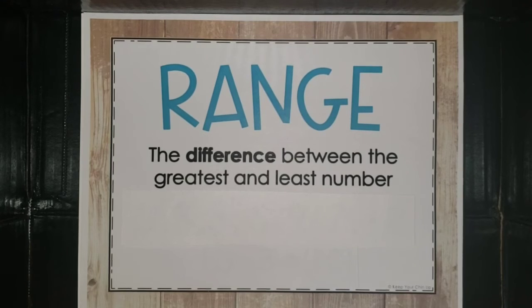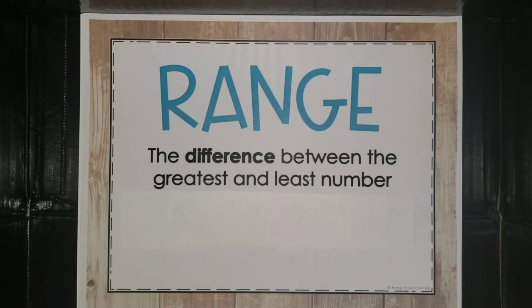Finally, range is the difference between the greatest and least number. When we are figuring out the difference, do you remember what operation we are going to use? If you said subtract, you are absolutely correct.